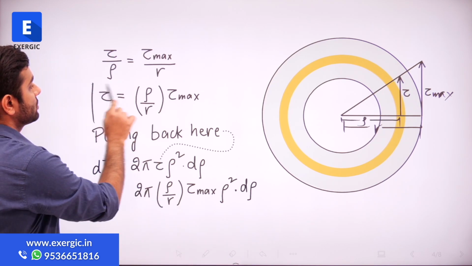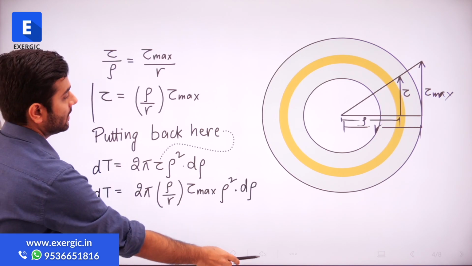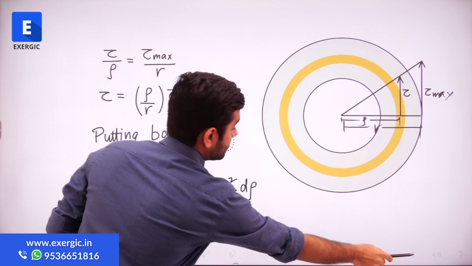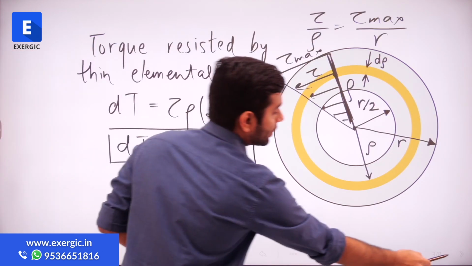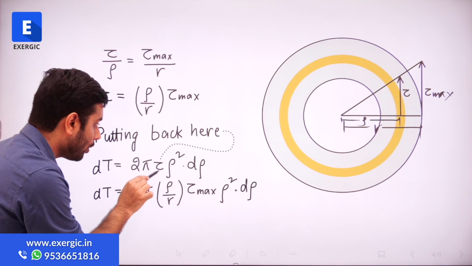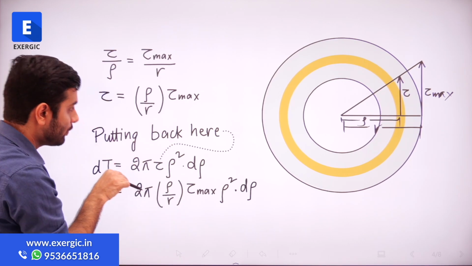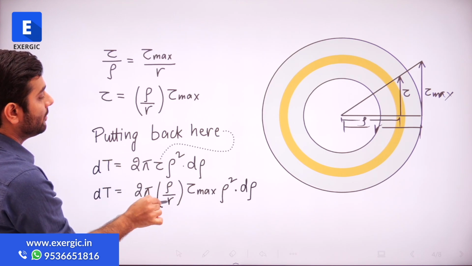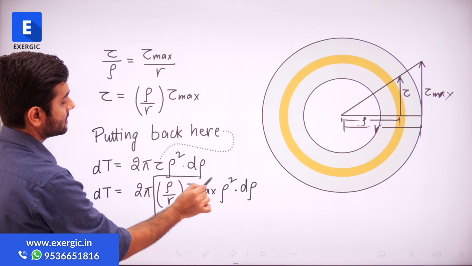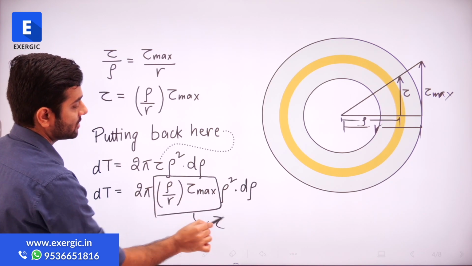And if I put this expression of tau back into the expression of dT, 2 pi tau rho square, then in place of tau, tau max by r times rho will come. So basically this is what I have written in place of tau.